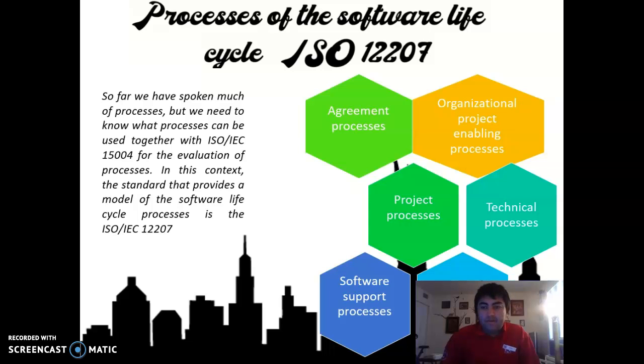In this one we have technical processes, agreement processes, project processes, software support processes, software review processes, and organizational project enabling processes. Like we are saying right now in the course of documentation of software, all of these are methodologies and standards that we have to follow.